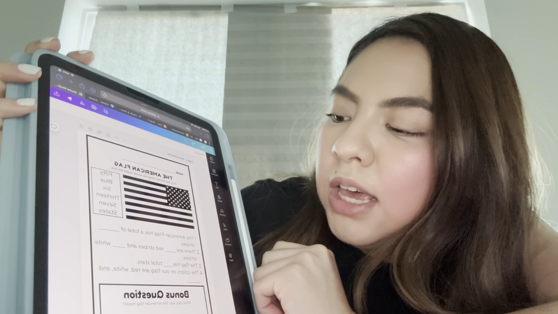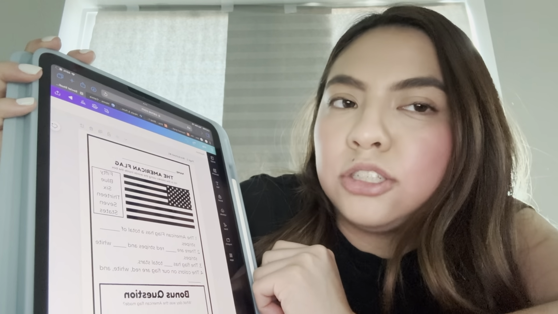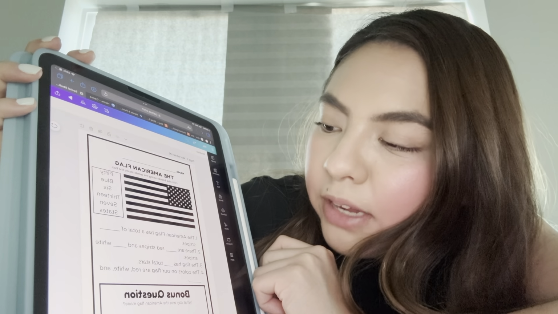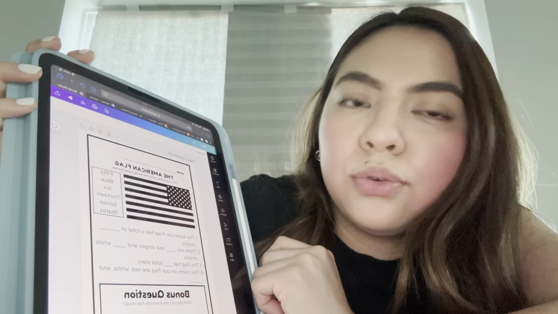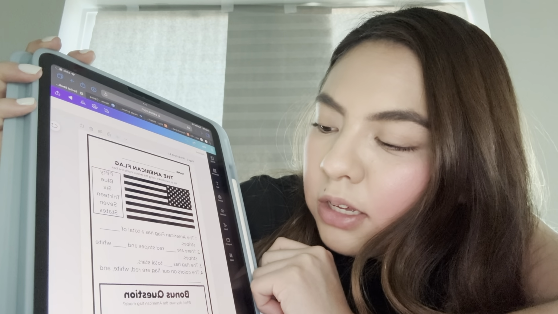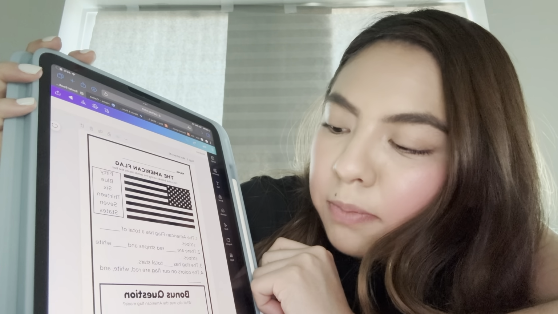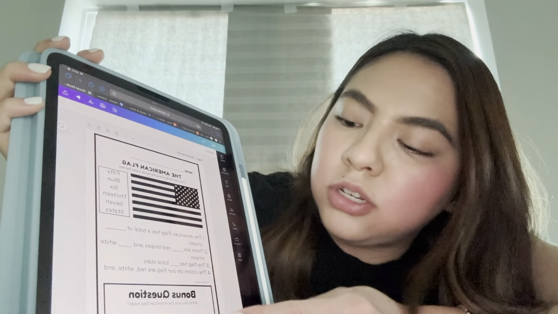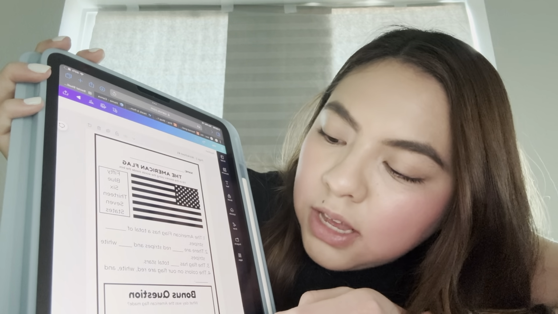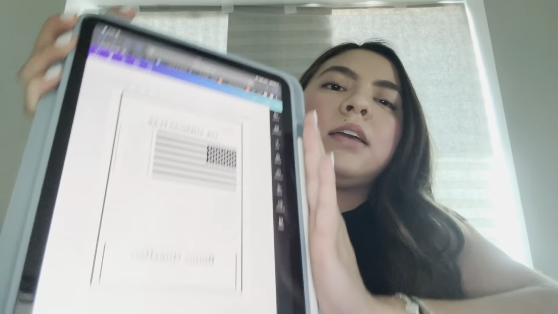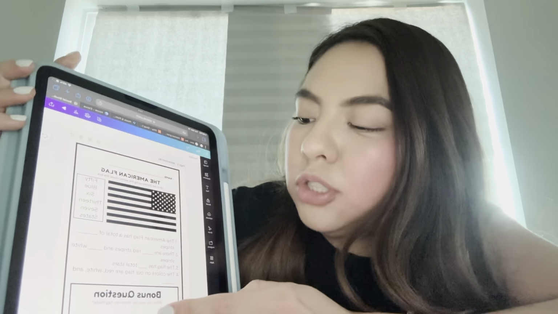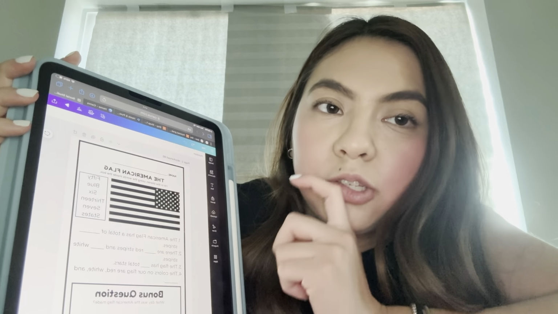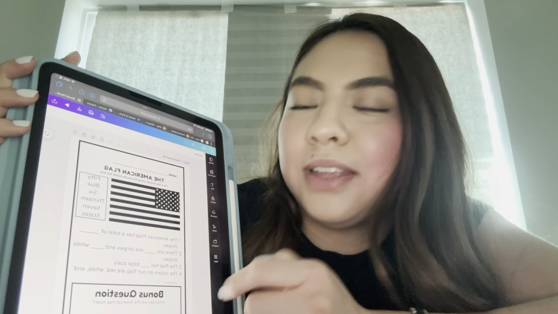It says the American flag has a total of blank stripes. There are blank red stripes and blank white stripes. The flag has blank total stars. The colors on our flag are red, white, and blank. And it has a bonus question at the bottom. It says, what day was the American flag made? This is a worksheet for students to complete to show what they have learned.